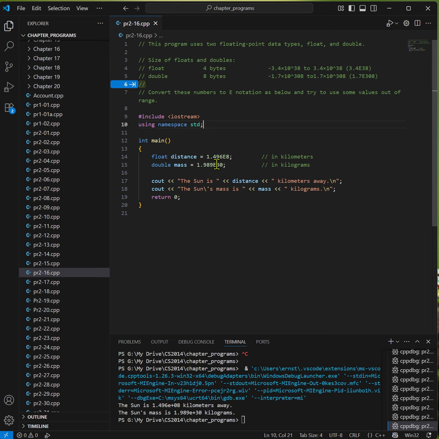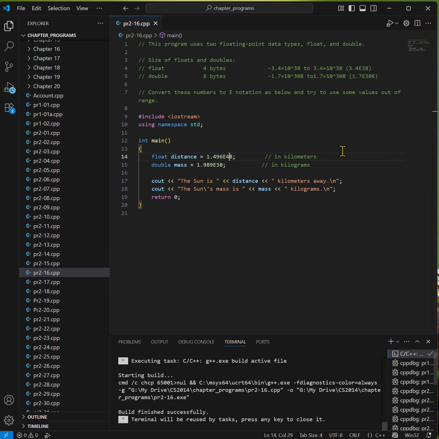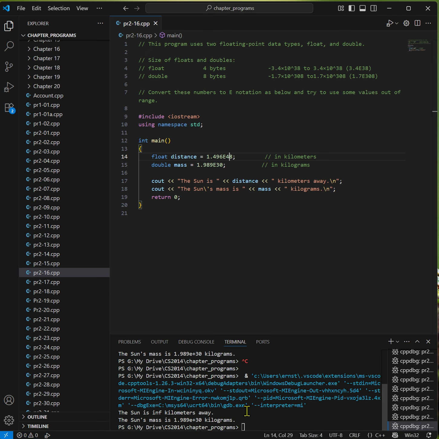Let's go out of range again, and I'm just going to take something larger than 38. I'm just going to make this 48, and we're going to see what happens there. And you see that it will not accept that number.